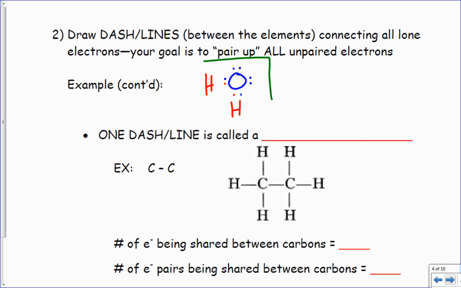So now I need to draw a dashed line to do a single bond. Here where I have a red and a blue electron together, those are going to form what's called a bond. The nucleus of the oxygen is going to attract the electron of the hydrogen, bring it on over. And the same the other way.